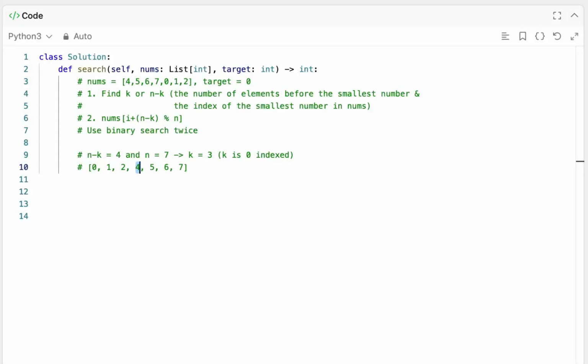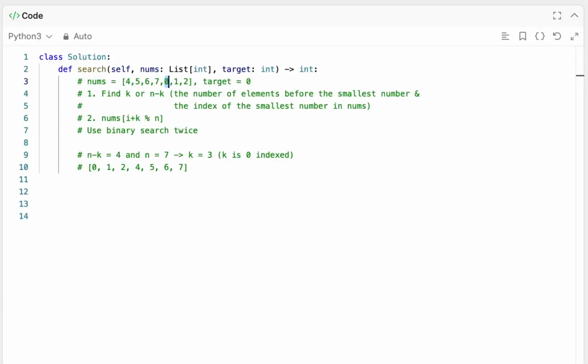And I should add k equal 3. It's not n minus k, it is k.